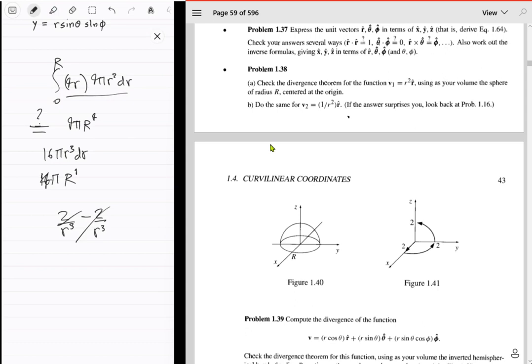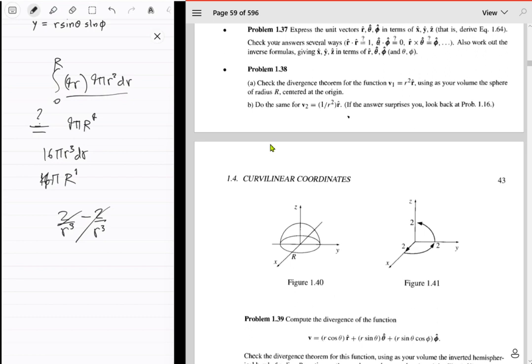Everywhere else it's zero, and then at the origin it's different. It's going to infinity suddenly, and it's a different function. So we can't just say that this thing is going to be zero. The volume integral is not just zero. It's something, but I don't know what exactly.